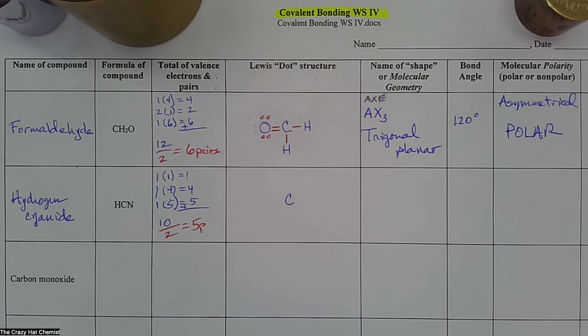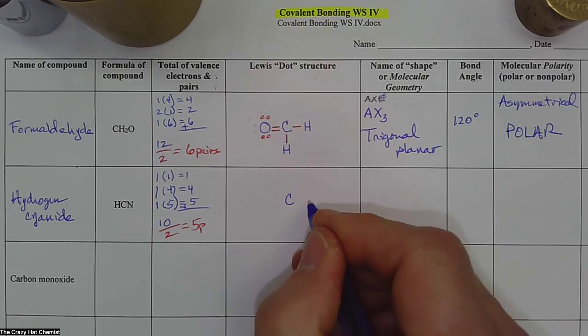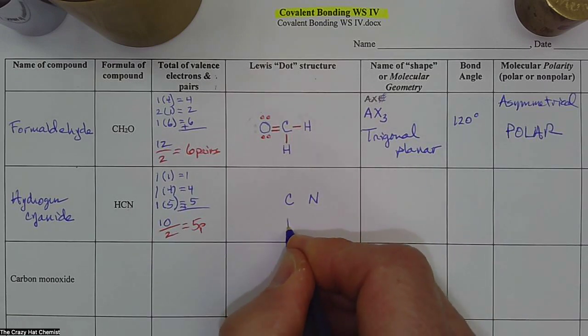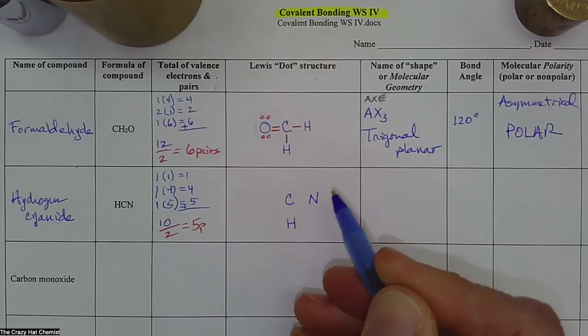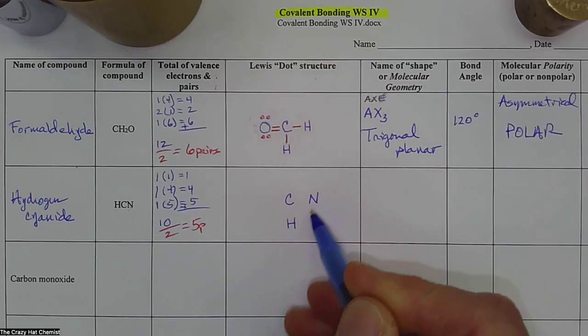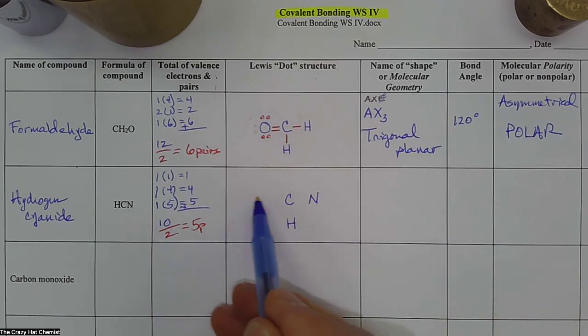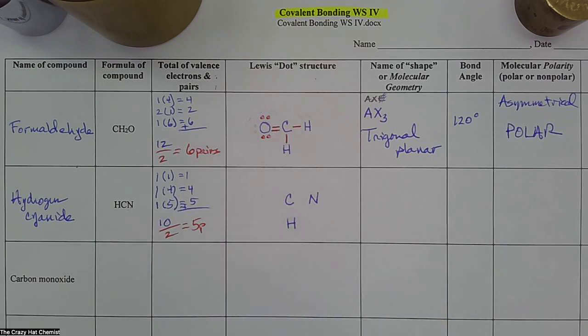All right, now what we're going to do is place these elements around it. And it really doesn't matter how you place them around it. We're going to put the nitrogen at the 3 o'clock, and then at the 6 o'clock, this hydrogen. We could have placed the hydrogen at the 3 o'clock and the nitrogen at the 6 o'clock, or we could have placed them in a line, either horizontally or vertically. It doesn't really matter.